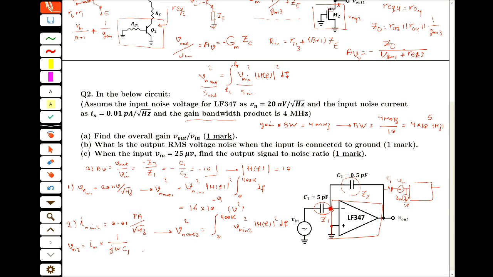Then Vn out 2 equals, all right, the value I calculated is almost 10 to the power minus 5 times the integral from 0 to 400k of 1 over f squared df, and this one equals minus 1 over f, so 10 to the minus 5 times 1 over f from DC to 400k.